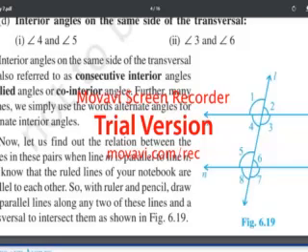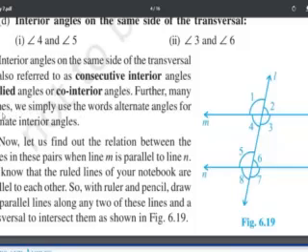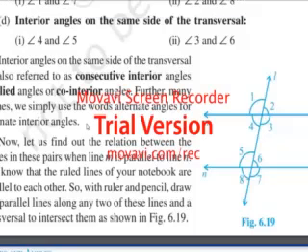Co means consecutive. Further, many times we simply use the words alternate angles for alternate interior angles. Even when both alternate interior and alternate exterior exist, generally we use alternate angle for alternate interior angles only.